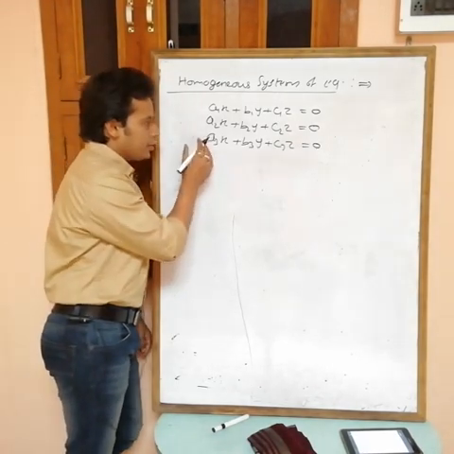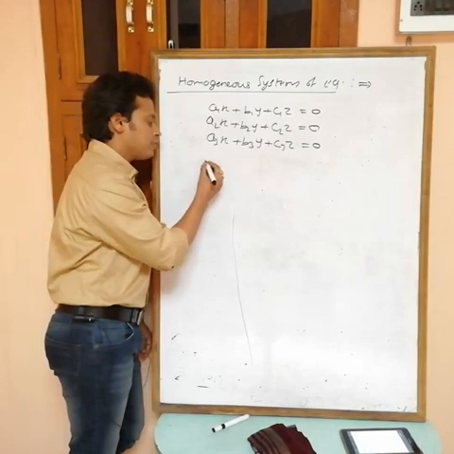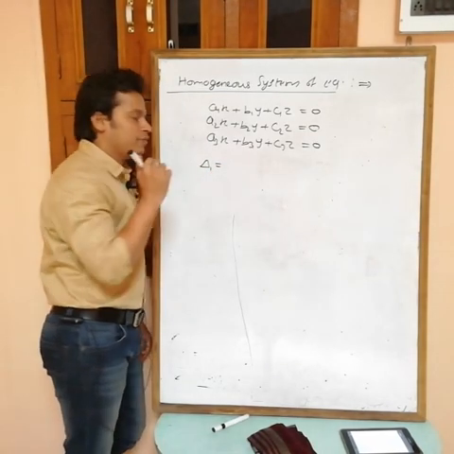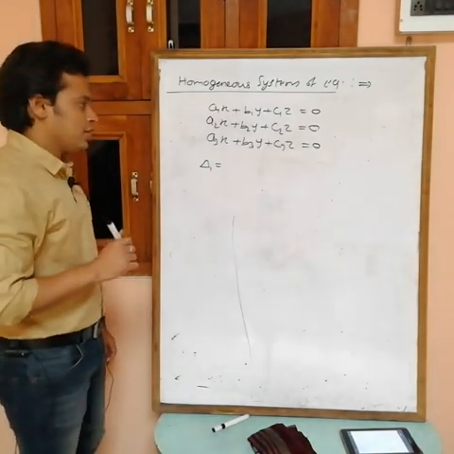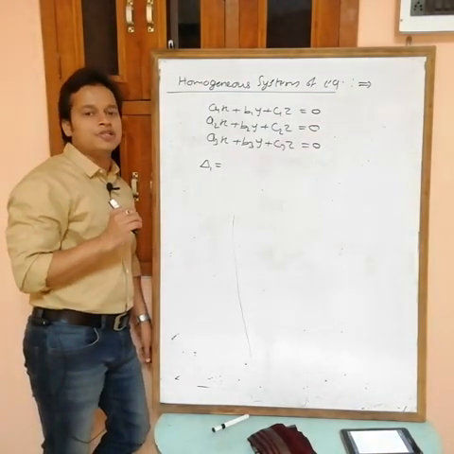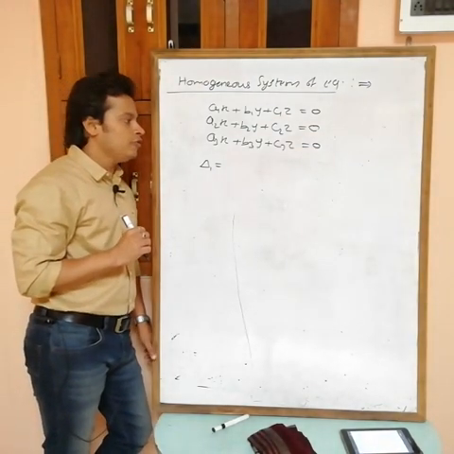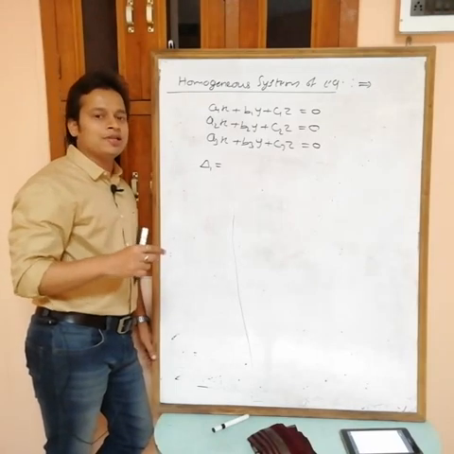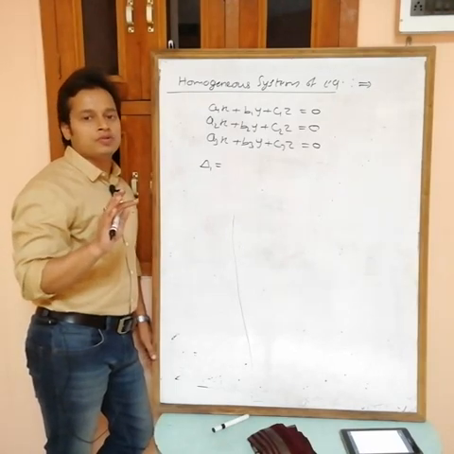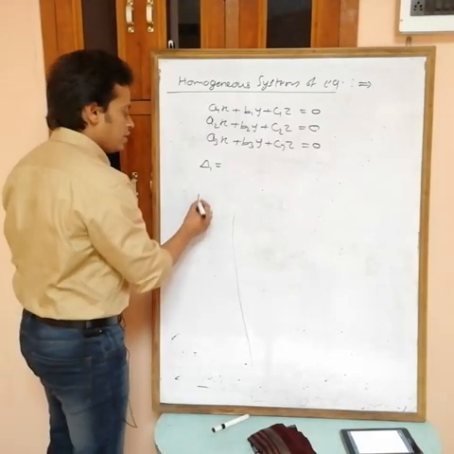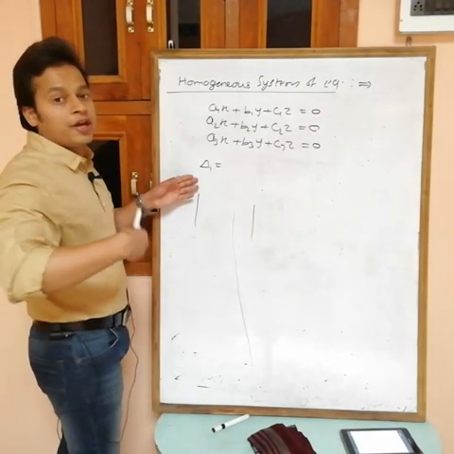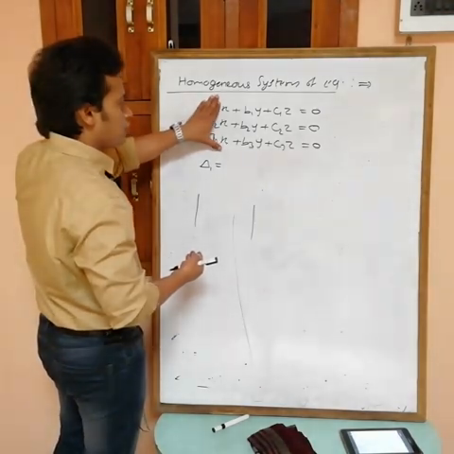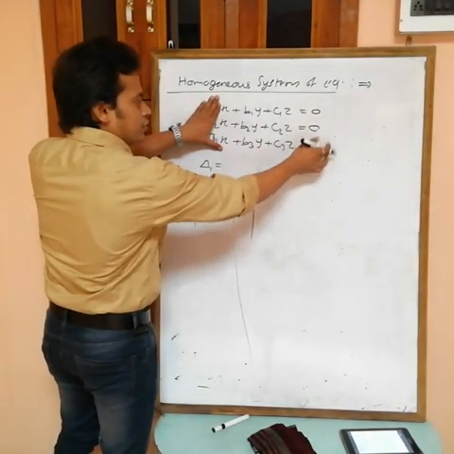Now see, in case of a homogeneous system of equations, can you find the value of del 1? Actually yes, you can find it, but you will get 0. In case of a homogeneous system of equations, del 1, del 2, del 3, these three values are always equal to 0. How? See, del 1 is for x, so in place of the coefficient of x, what do we have to put? The constant term.